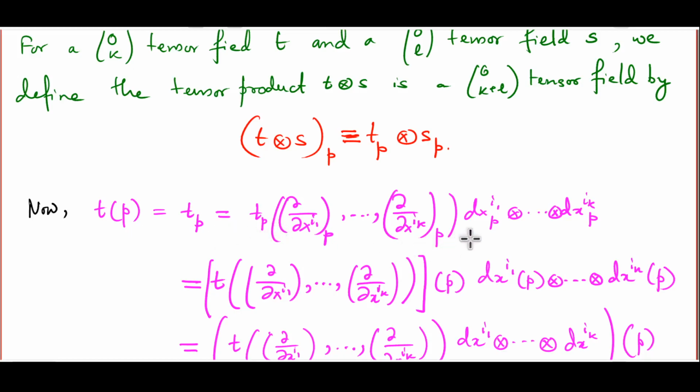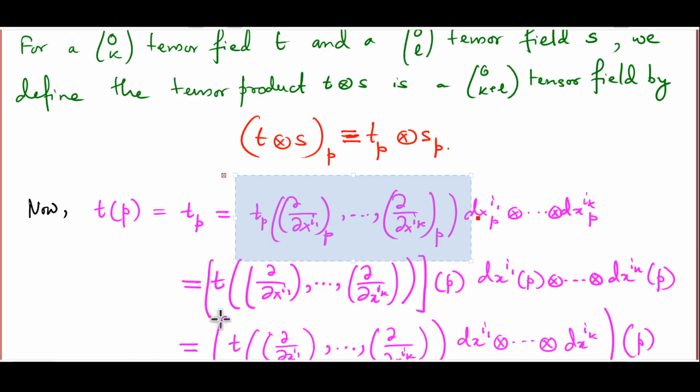Now, this quantity here, T_p acting on ∂/∂x^i1|_p, ∂/∂x^i2|_p, all the way up to ∂/∂x^ik|_p, is nothing but the tensor field T acting on ∂/∂x^i1 through ∂/∂x^ik, the coordinate basis vector fields.